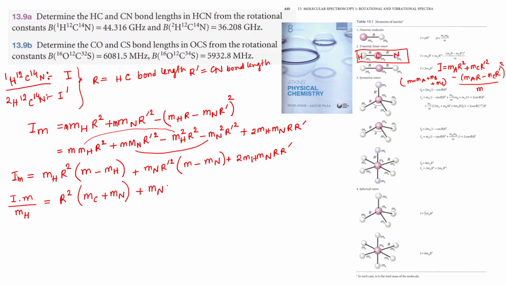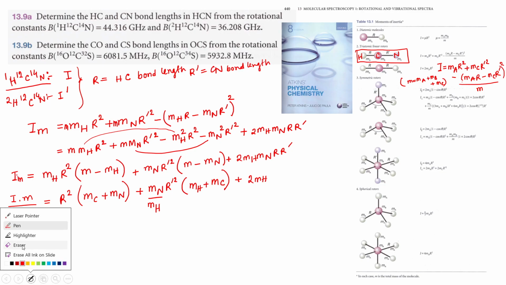This is m nitrogen r dash square, so this is m hydrogen plus m carbon, so this is 2mh. mh I have, so there mh will come, here mh will be gone, so mn r dash, right?